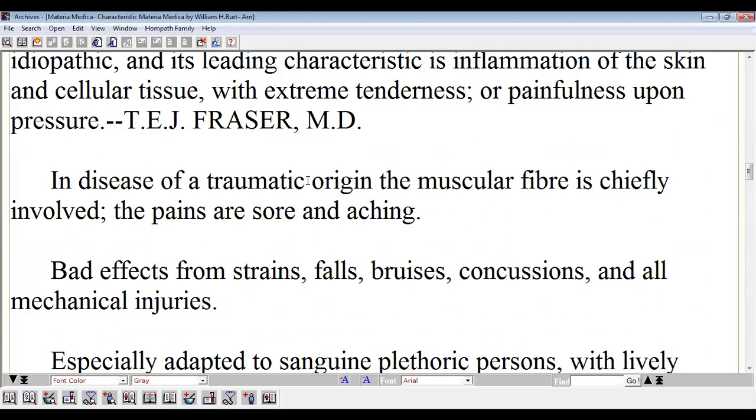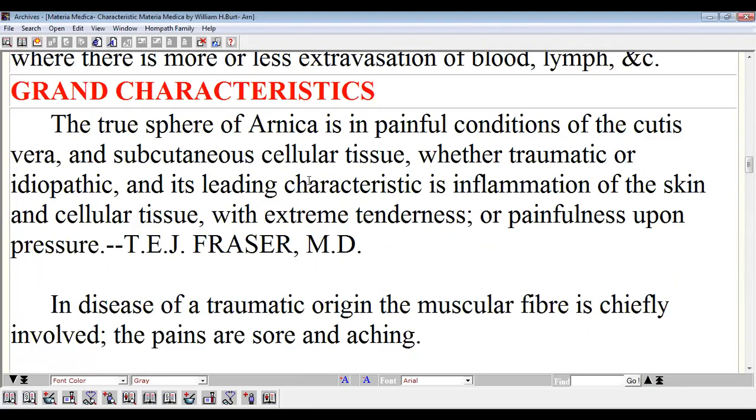The true sphere of arnica is in painful conditions of the cutis vera and subcutaneous cellular tissue, whether traumatic or idiopathic, and its leading characteristic is inflammation of the skin and cellular tissue with extreme tenderness or painfulness upon pressure. This characteristic is given by T. F. Fraser, MD.